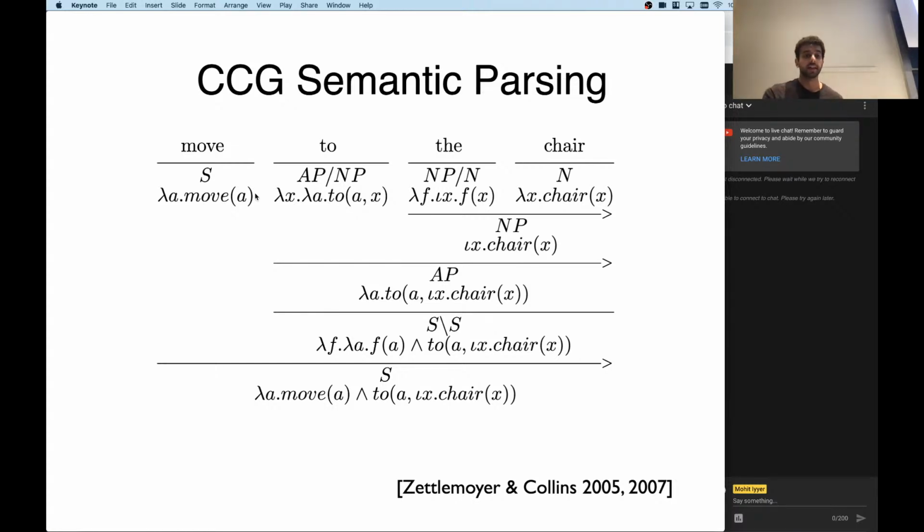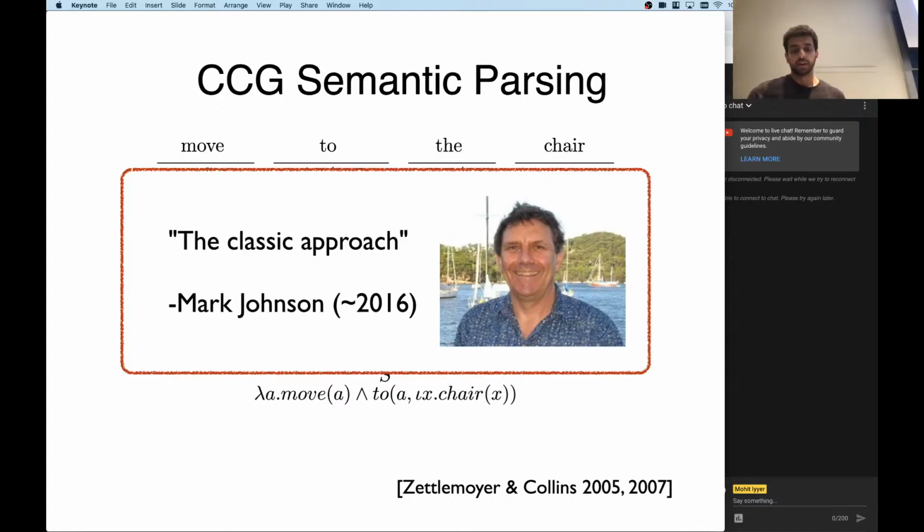You can define these kinds of non-terminals for every word in your language, and then have composition rules that you can eventually compose into something that spans the entire sentence. This is what is now called the classic approach.